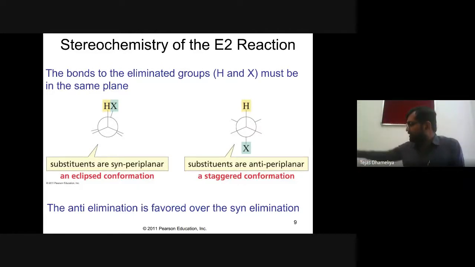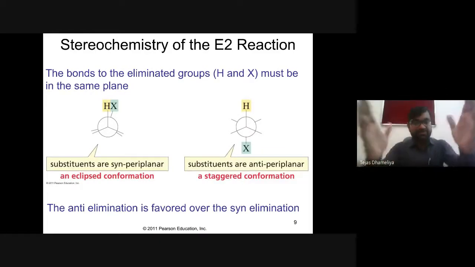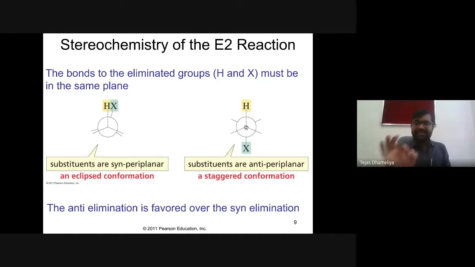The teacher will enter from this side and the student will leave from the other before the class starts, so he bunks the lecture. If the entry of the teacher and the exit of the student are totally opposite, it is easier for the students to bunk the class. But I am just discussing that. That is exactly what is preferred in an elimination reaction.